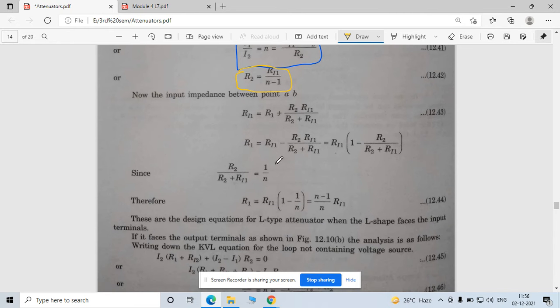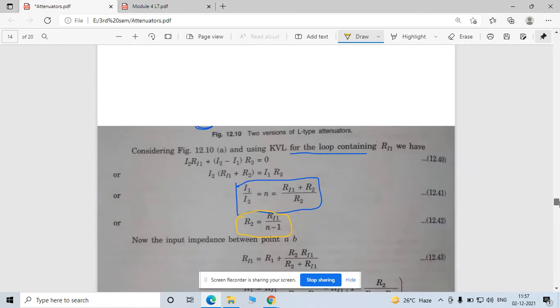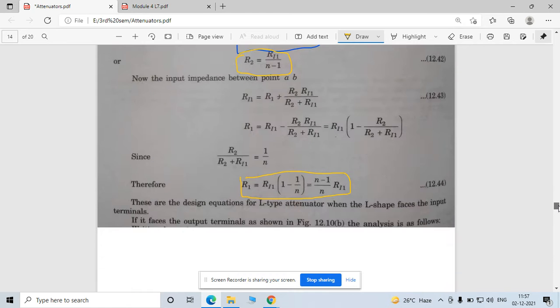Now rewrite this equation in terms of your R1 and R2. So when you write this equation, you will get this equation. Okay, now you can also realize this network, meaning this L type circuit facing the output port terminal.